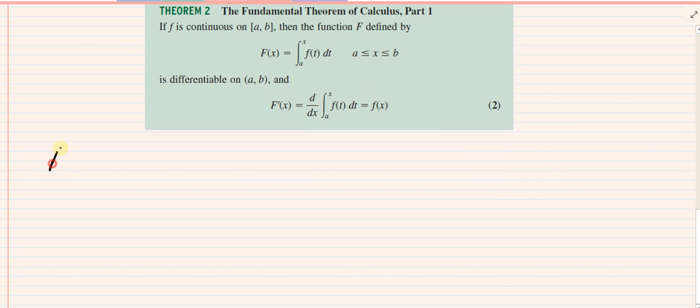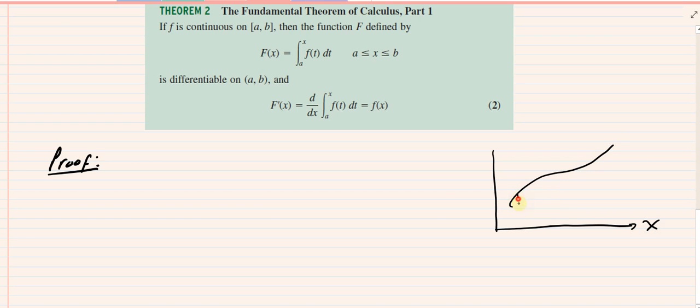So if we take a look at the proof of the fundamental theorem part one, let's do the following. First of all, I'm going to graph some function, let's say starting at a, and here this would be x, and then we go some units later, x plus h. Remember, h here is a tiny distance away from x, but I'm exaggerating.